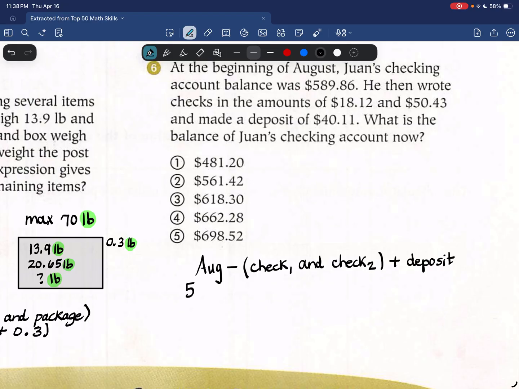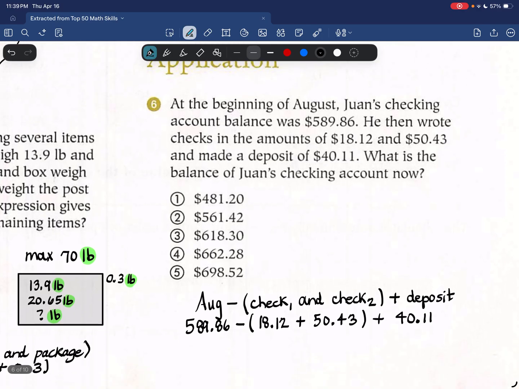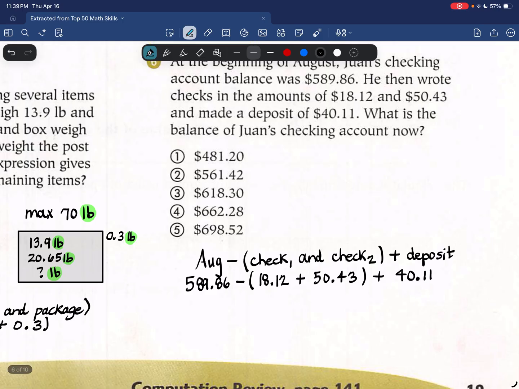So in August, he had $589.86. Check 1 was $18.12 and check 2 was $50.43. And then a deposit was $40.11. And there's no calculator on this one, so we're going to have to do this longhand.